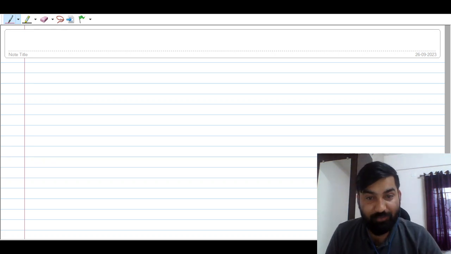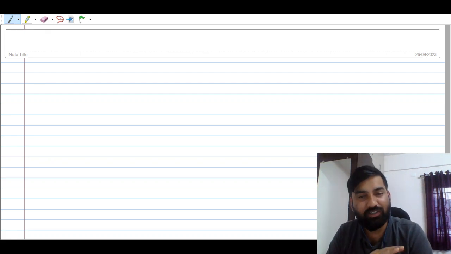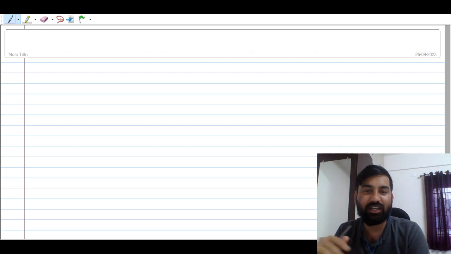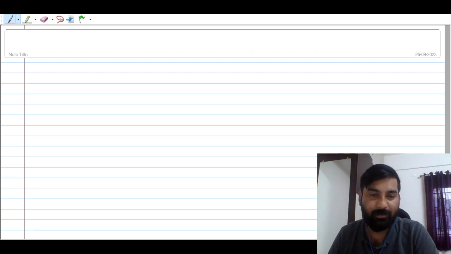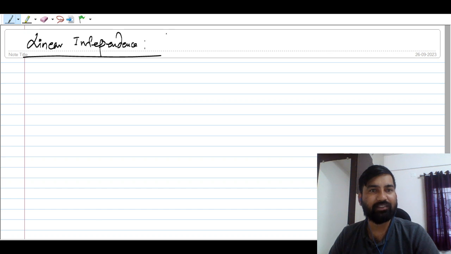So if there is a free variable, last time I told you कि अगर वहां पर free variable होता है तो linearly independent नहीं होगा, that will be linearly dependent, ठीक है? चलो, तो इस सेशन में हम लोग क्या करेंगे, सबसे पहले let me recall the definition of linearly independent. The question of linear independence and dependence, you can say.